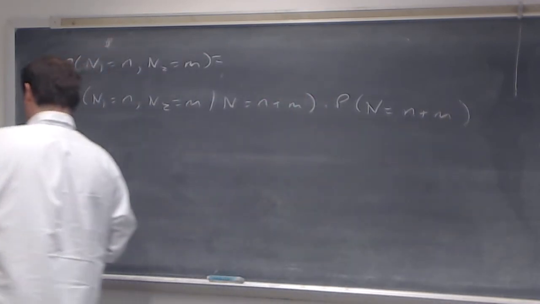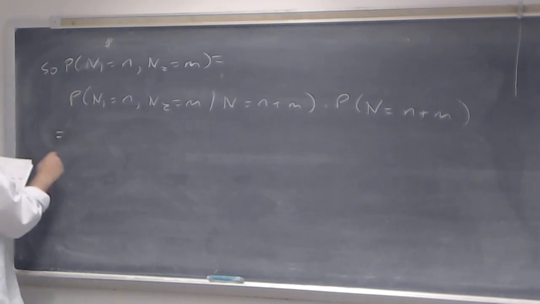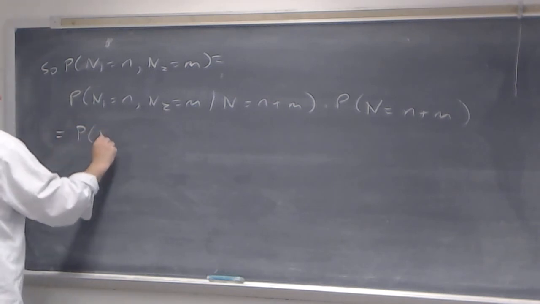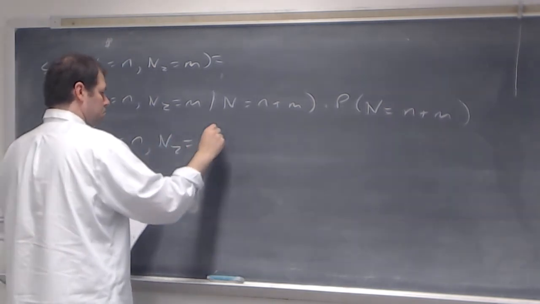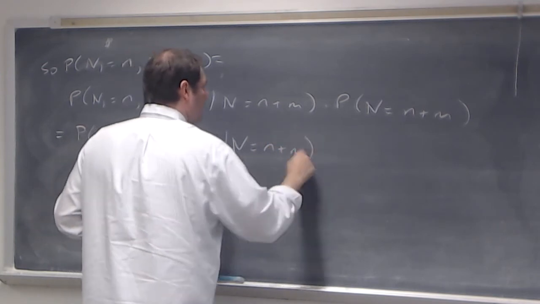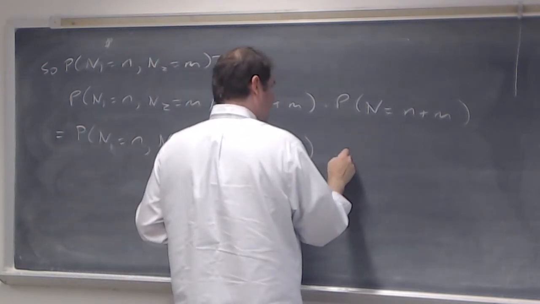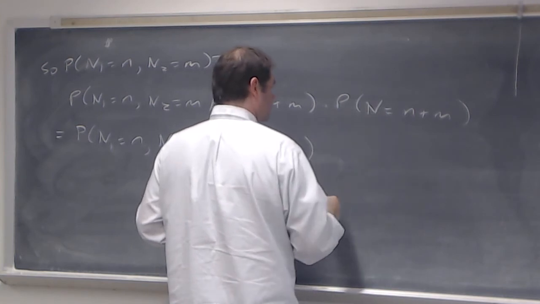Now, N, the number of people who show up, was a Poisson distributed random variable. So this guy I'll leave alone. But this part, I can say what that is equal to, because N is a Poisson distributed random variable.